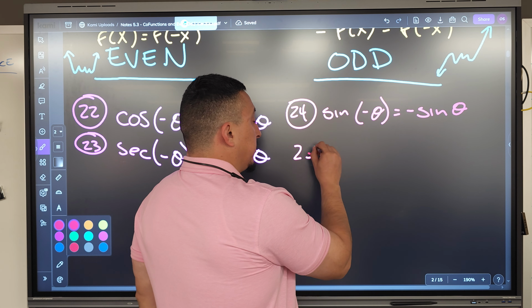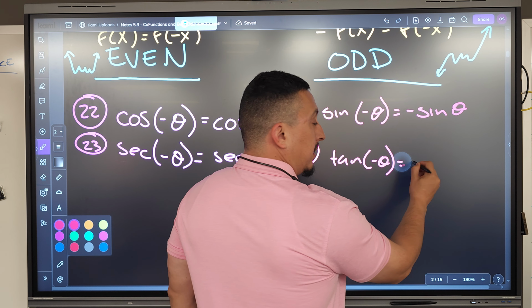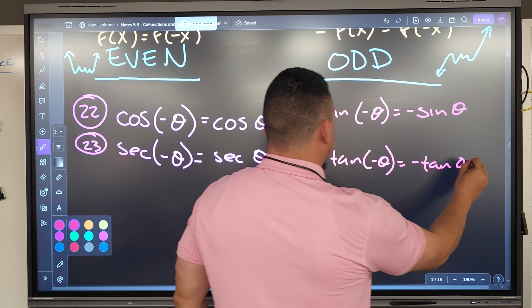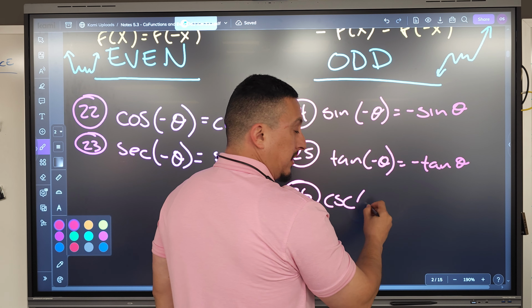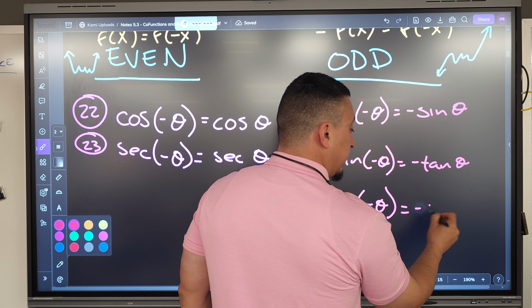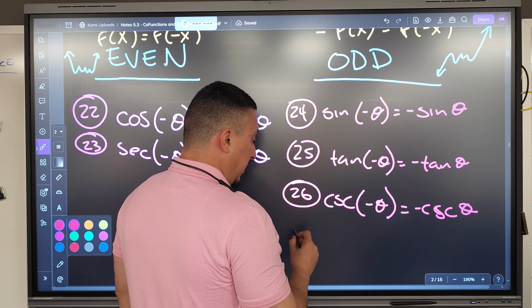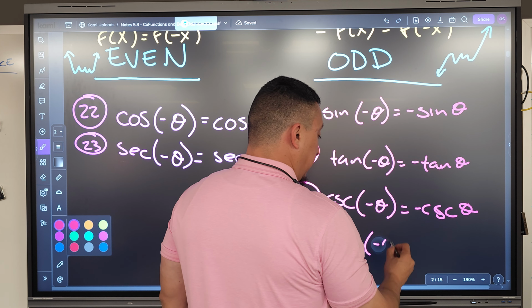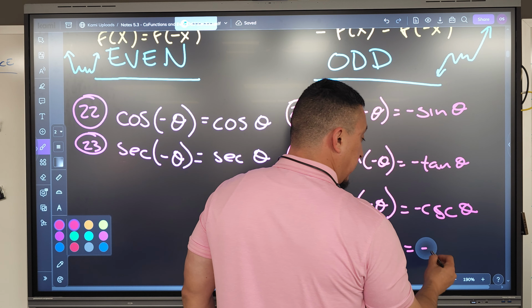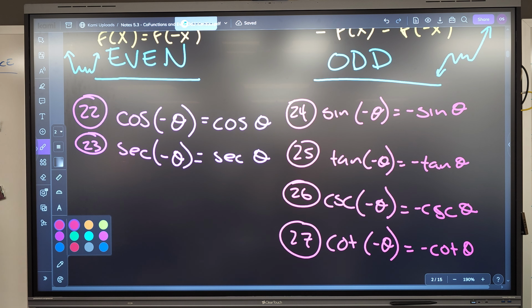Okay, 25 tangent of a negative angle, negative tangent theta, and then 26 cosecant negative theta equals negative cosecant theta, and 27, last one. Cotangent negative theta equals negative cotangent theta. So there's all of them.